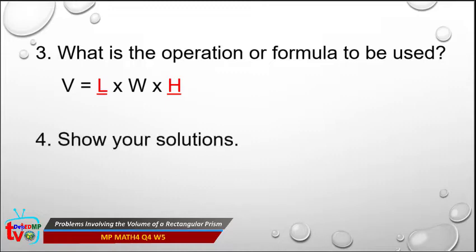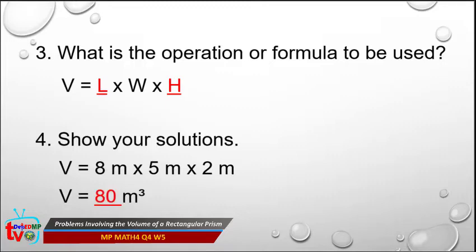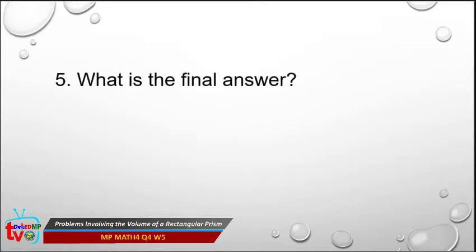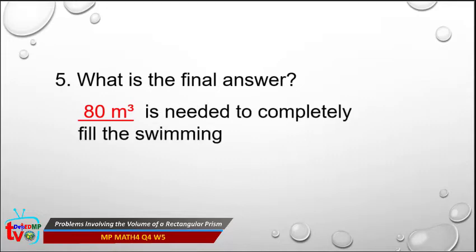For the solutions, volume is equal to 8 meters times 5 meters times 2 meters. The product is 80 cubic meters for the volume. What is the final answer? 80 cubic meters is needed to completely fill the swimming pool.